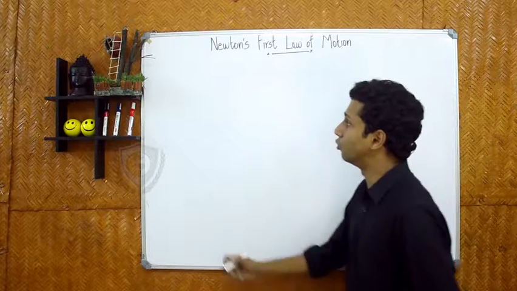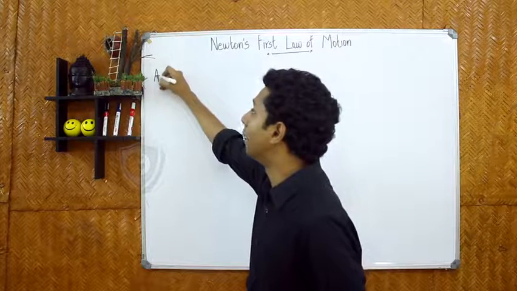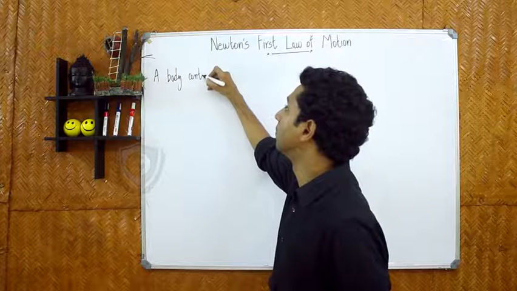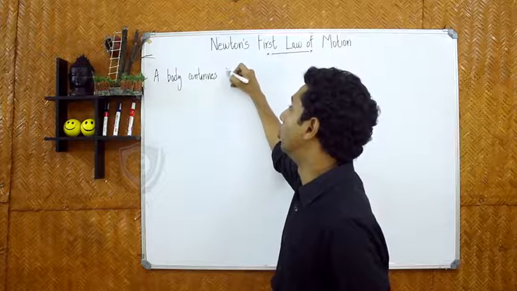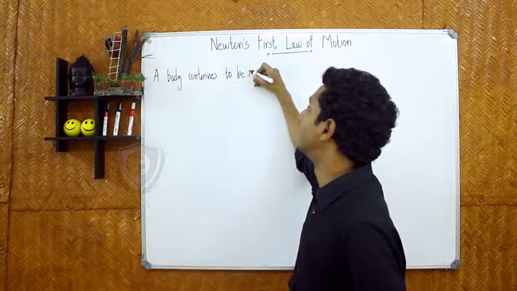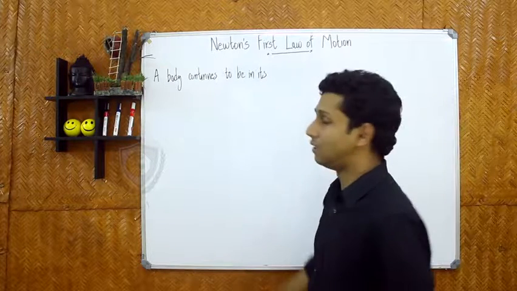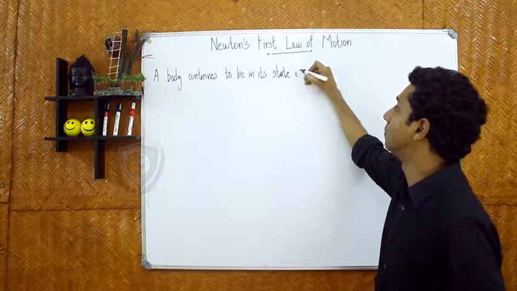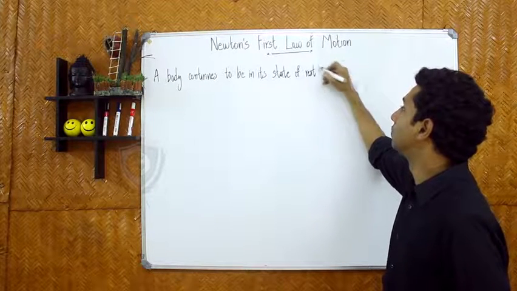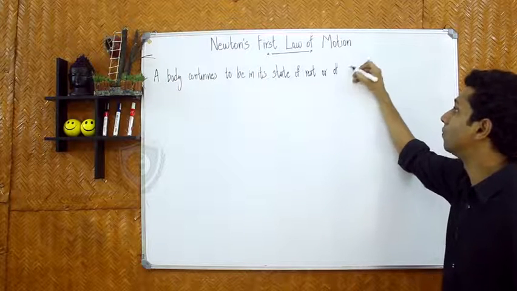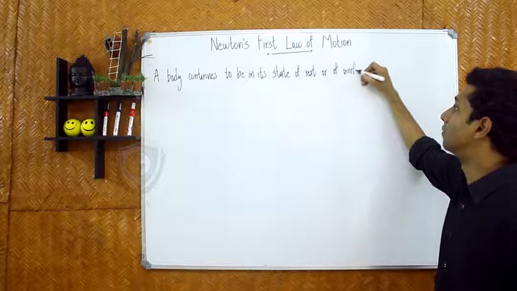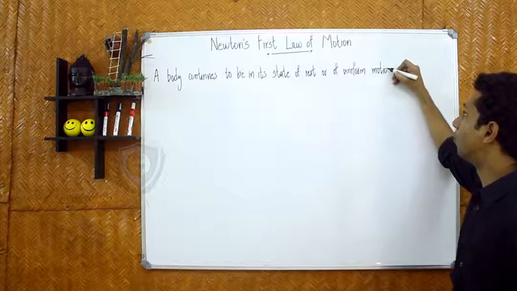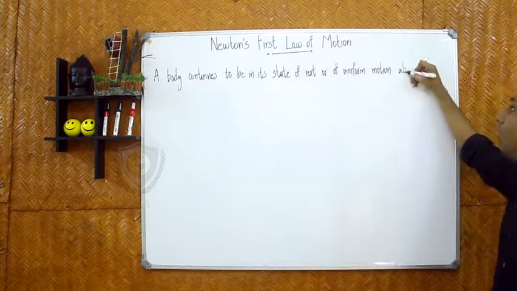So Newton's first law of motion states that a body continues to be in its state of rest, or of uniform motion along a straight line.